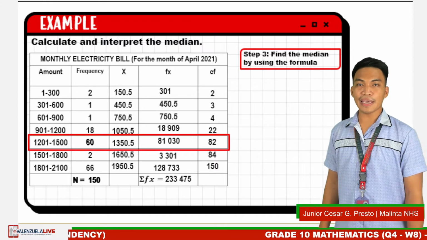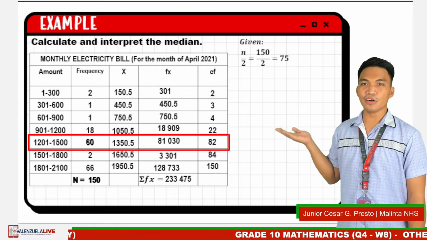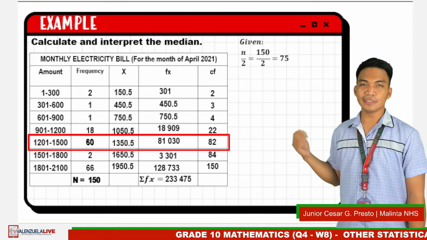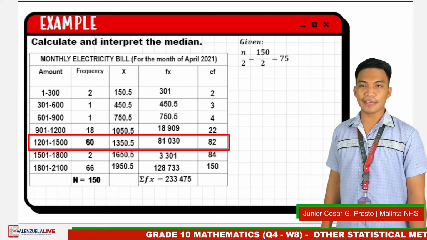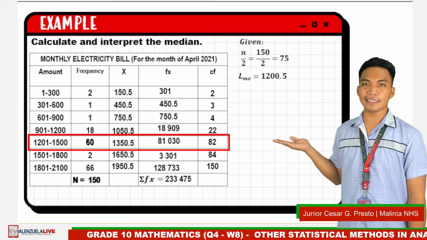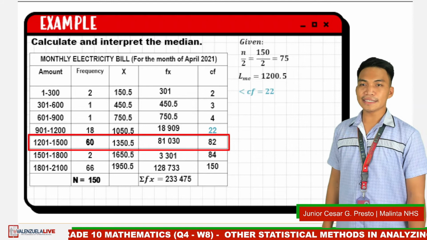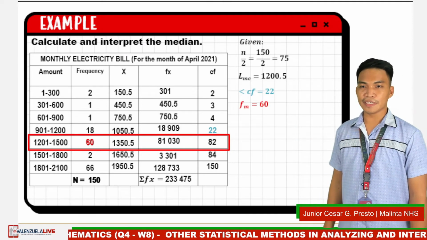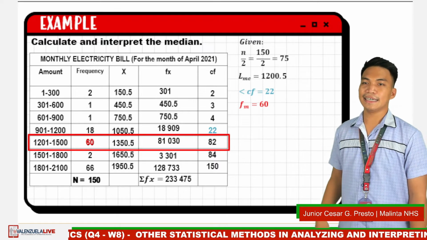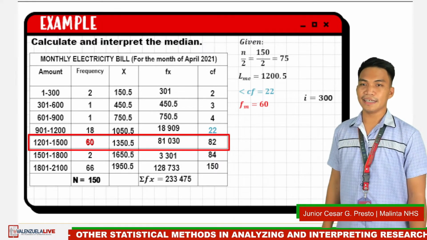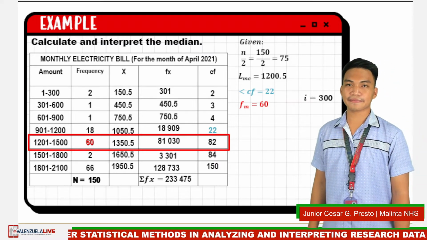Writing the given, we have n over 2 equals 150 over 2 yields to 75. L sub MC is 1,200.5. Less than cumulative frequency equals 22. F sub M is 60. And i is 300. We can now write the formula.